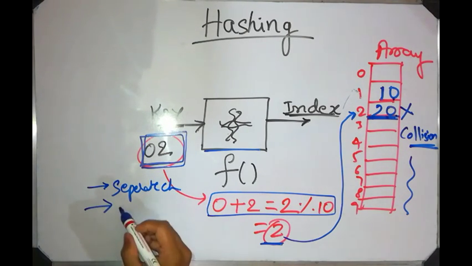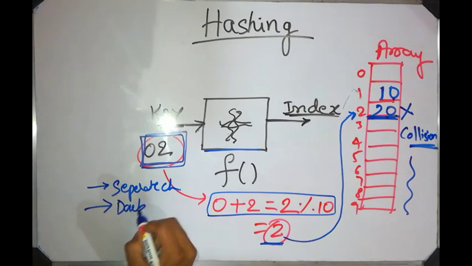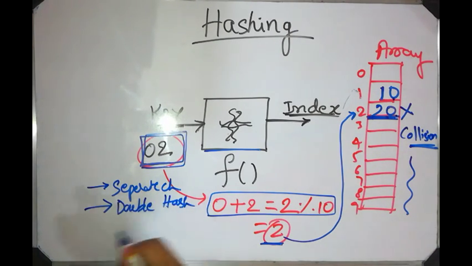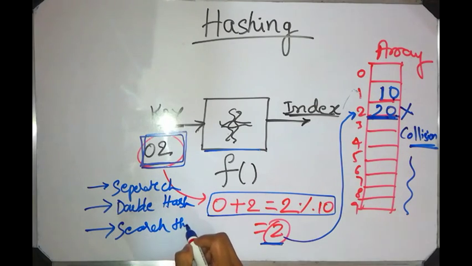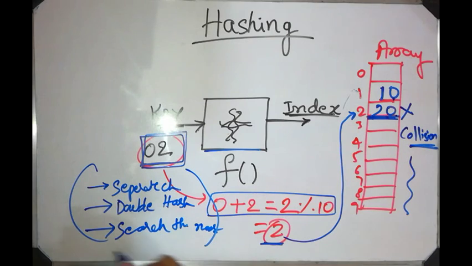The other one would be double hashing, that is, you hash again and then search for the next available slot and put it there. These are different types of collision resolution techniques that would be covered in your theory part, right? So this is exactly what we are supposed to do in this particular lab. Now let's see how exactly it is going to work in your lab program.